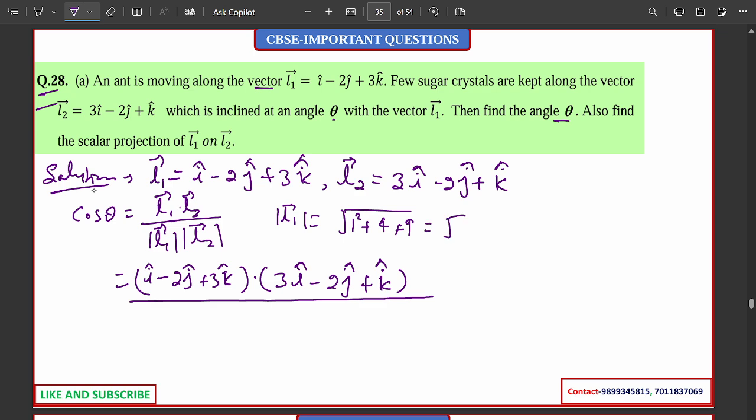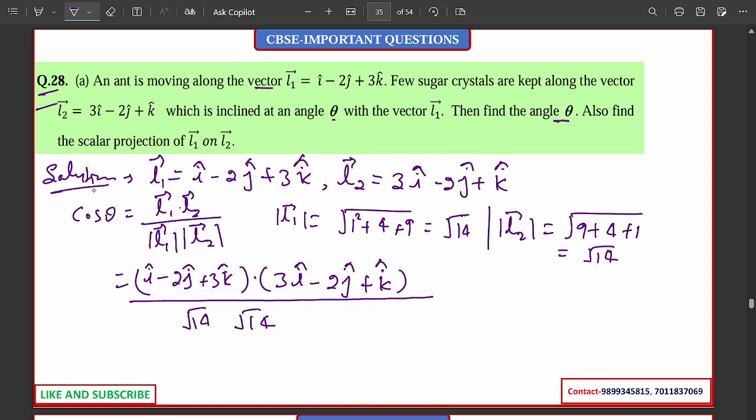This is the square root of 14. Similarly for L2, the magnitude will be 9 plus 4 plus 1, which is also square root of 14.